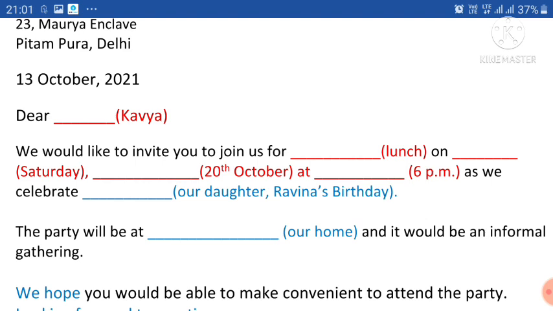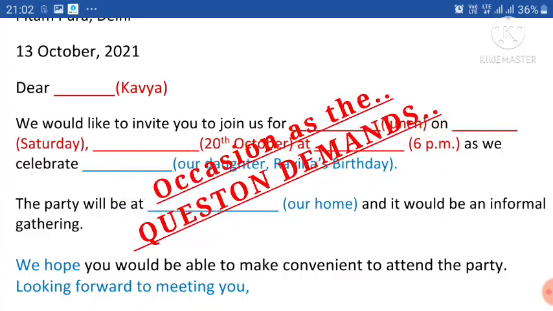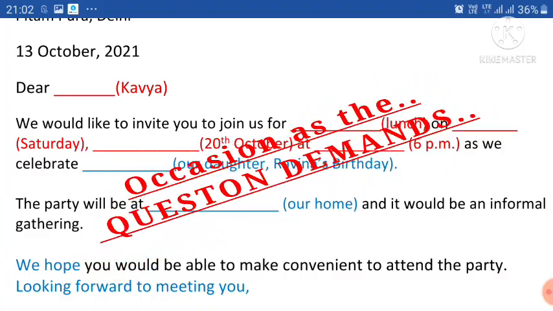So occasion, date, day and time. As we celebrate our daughter Ravina's birthday. Now this is your daughter's birthday, and it could be any other occasion. I have written that in brackets because that is a particular occasion which I have thought of. It could be any occasion which the question demands you to write on.